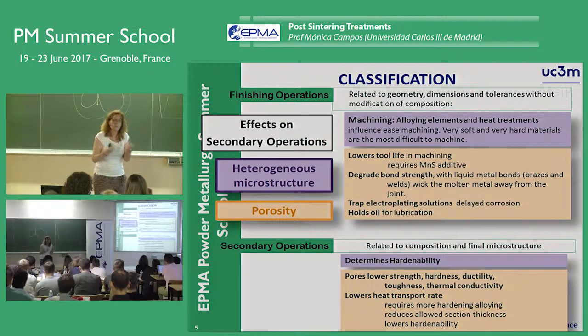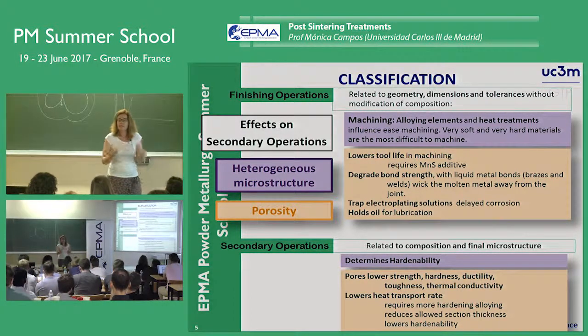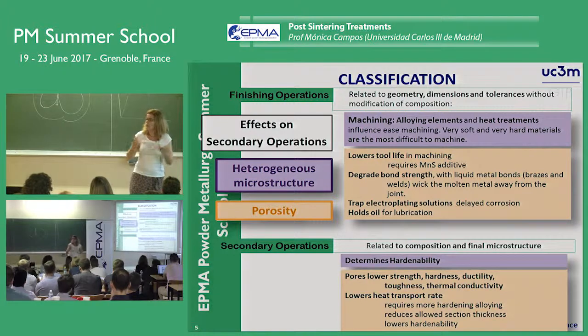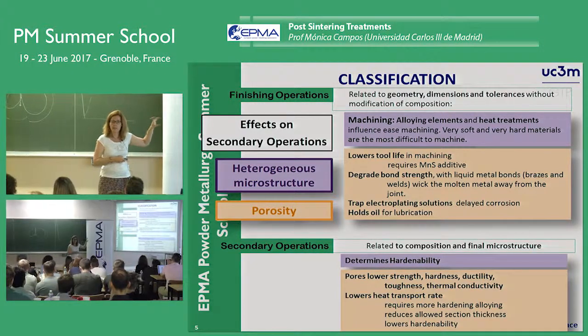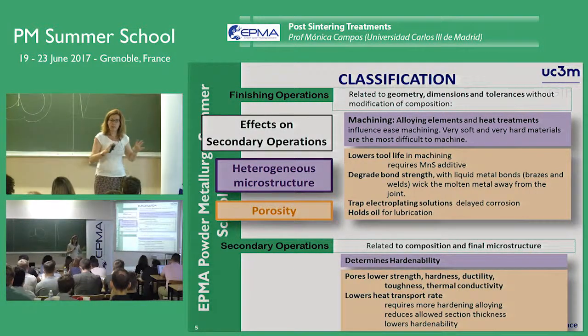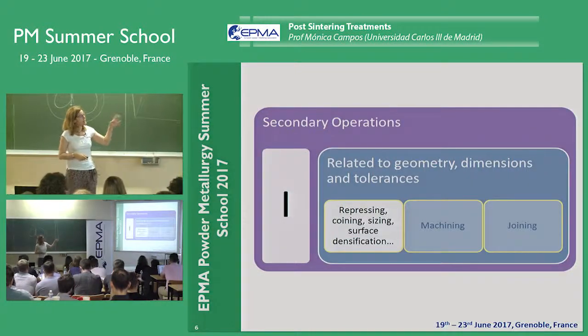Therefore, we need to know how is the porosity, how big it is, where it is located, if it's well connected or is isolated, because too many properties depend on how is this pore skeleton that is around our sinter body.